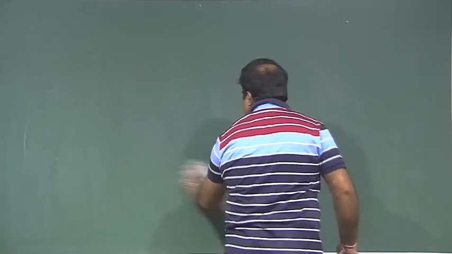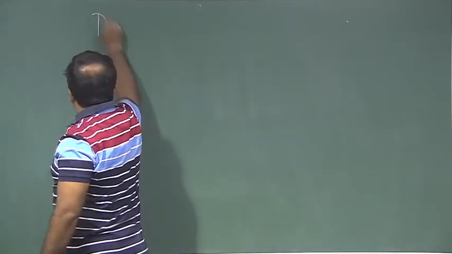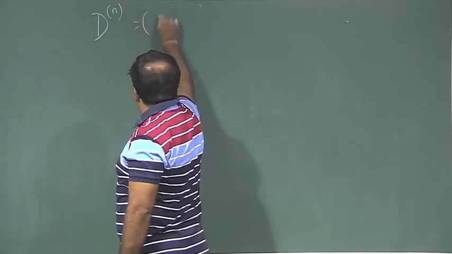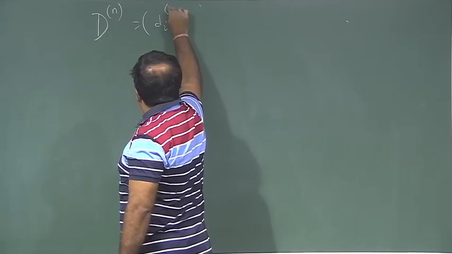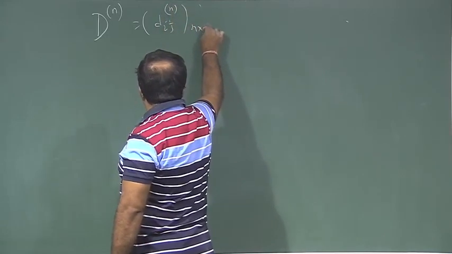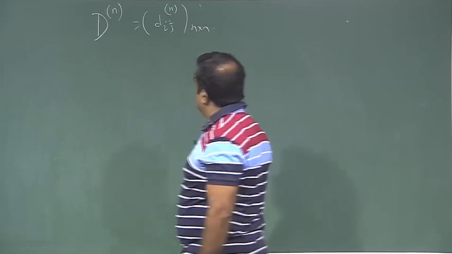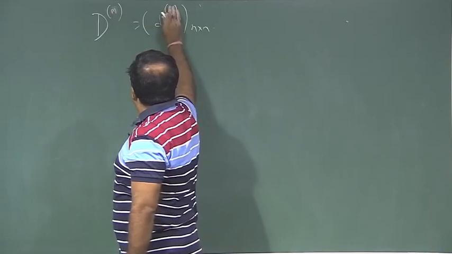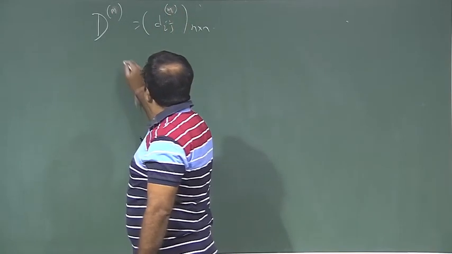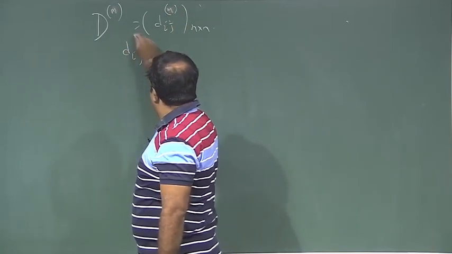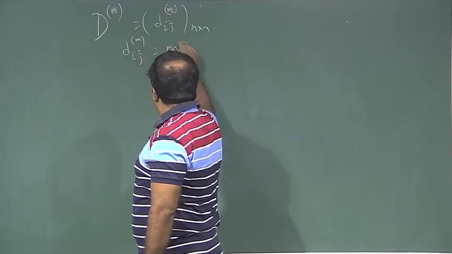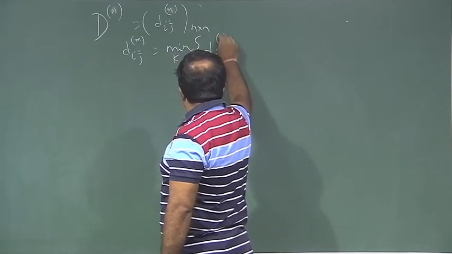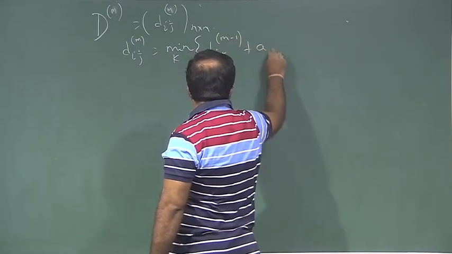So our goal is to find D^n, where D^n is basically Dij^n. D^m is Dij^m, where Dij^m is the minimum over k of Dik^(m-1) plus Akj.